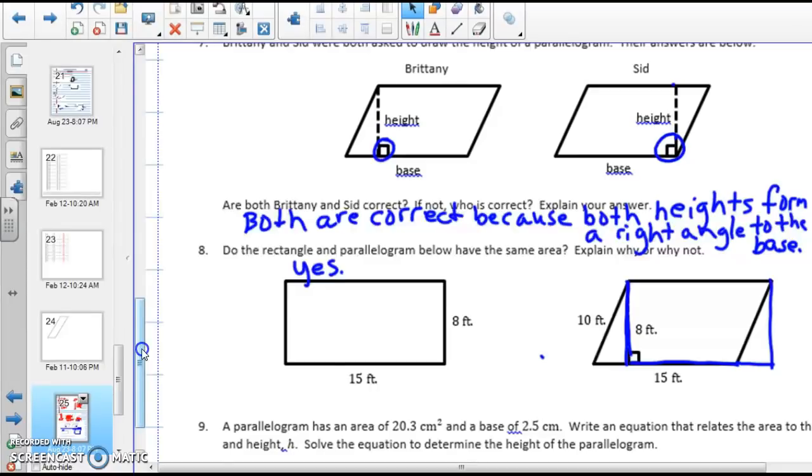And both rectangles have a length of 15 and a width of 5. Okay, so make sure that all of your answers for 1 through 8 are correct. And once you're finished with this, I want you to keep out your homework because we're going to look at problem number 9 together.